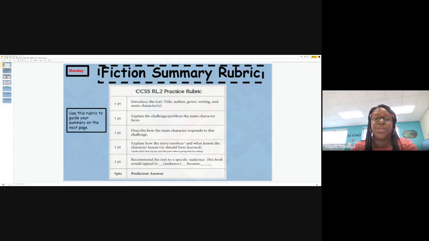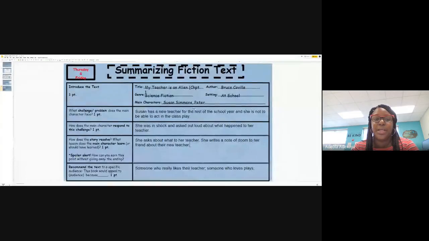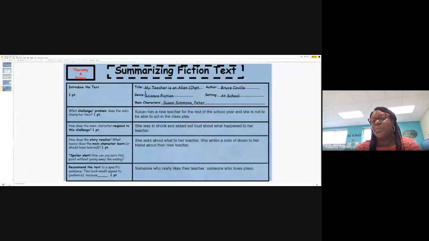So you're going to make sure we use this rubric to help guide our writing and our summary. And the beautiful thing is, last week on Thursday, we already filled out all of that information in this graphic organizer. So I'm going to use it to help me write my summary.